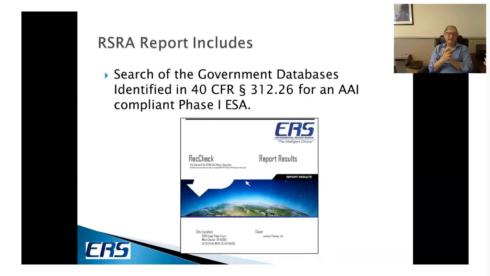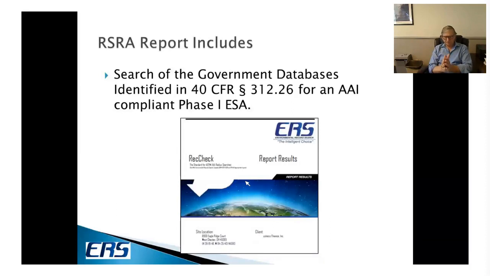Now, let's say your RSRA comes back high instead of low risk. Because part of the standard is you've got to define whether it's a low-risk site or a high-risk site. That's what the RSRA does. If it's high risk, you've got to go to a Phase 1 if you want to continue down the process of an SBA loan.